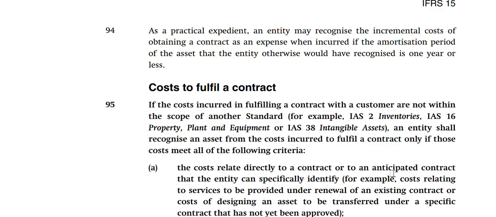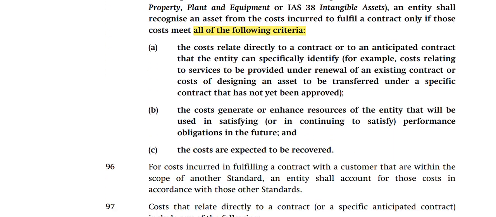Cost to fulfill the contracts. If the costs incurred in fulfilling the contract with the customer are not within the scope of another standard, for example, IFRS 2, International Accounting Standard 16 or 38, which is intangible assets, an entity shall recognize an asset from the cost incurred to fulfill the contract only if those costs meet all the following criteria. So it is important to know we're saying all, not some.